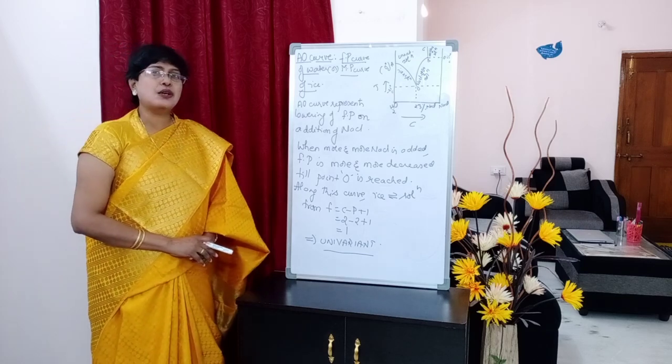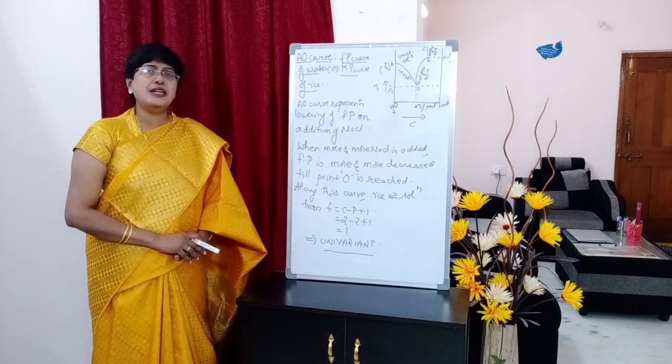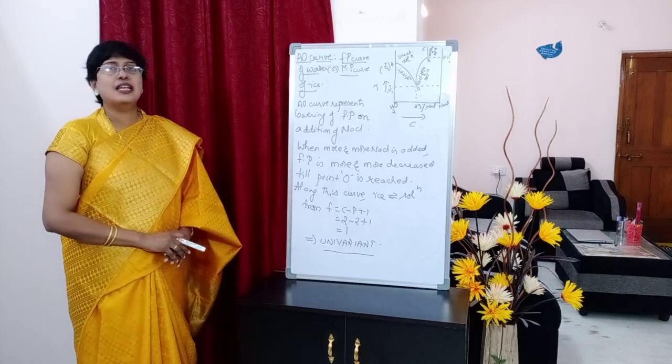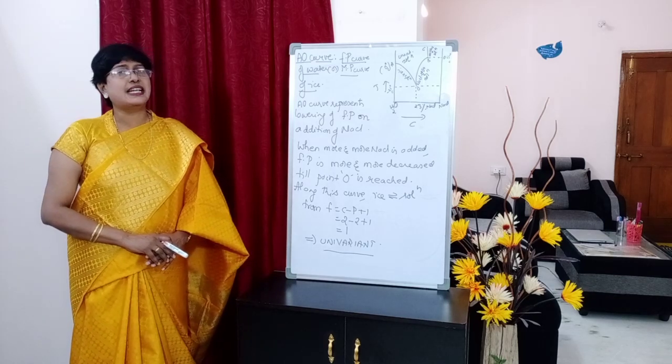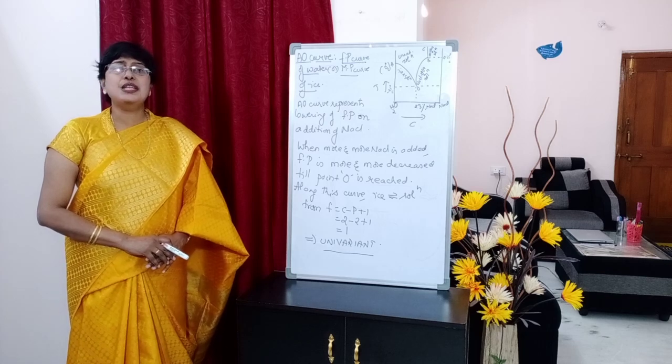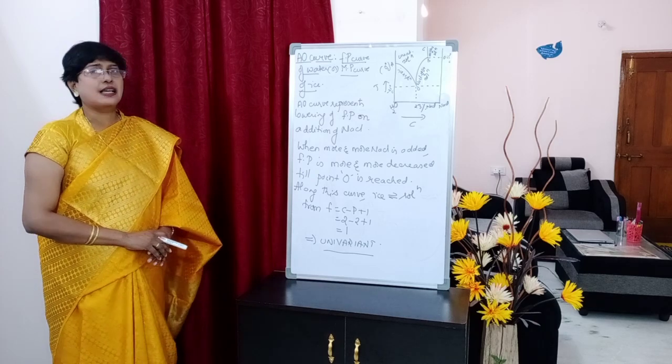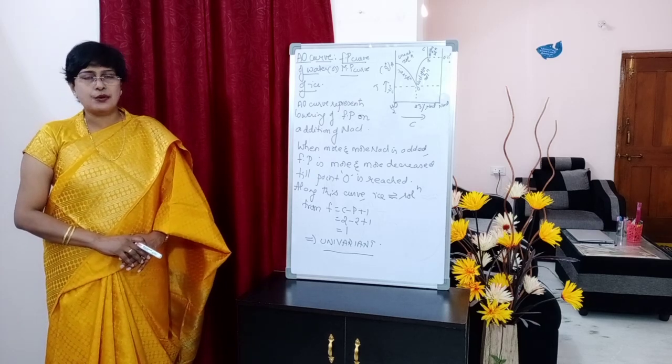When F is equal to 1, we call it monovariant or univariant. Therefore, the AO curve can be described as univariant or monovariant, students. These are all the points about curve AO.